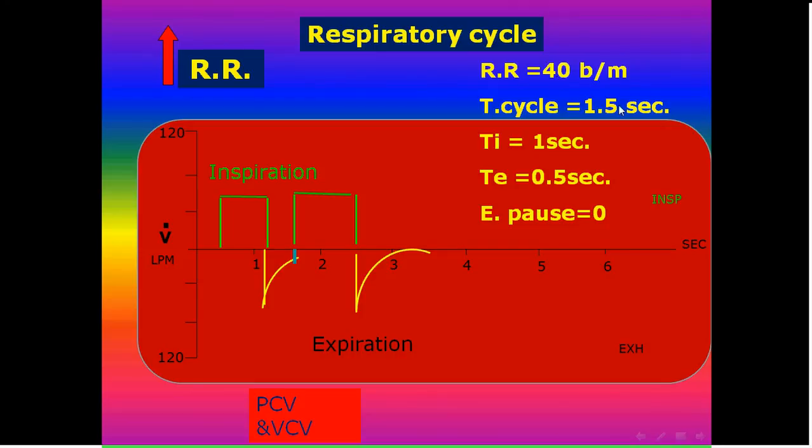This means the duty cycle will be 1.5 seconds. So 1 second for inspiration, and I need 1 second for exhalation, but what is available for me is 0.5 seconds. This means that the exhalation will be incomplete, and a part of it will be retained in the lung to add to the functional residual capacity, what we call dynamic hyperinflation. This will inflate the lung and increase the functional residual capacity, and this is the pathology.